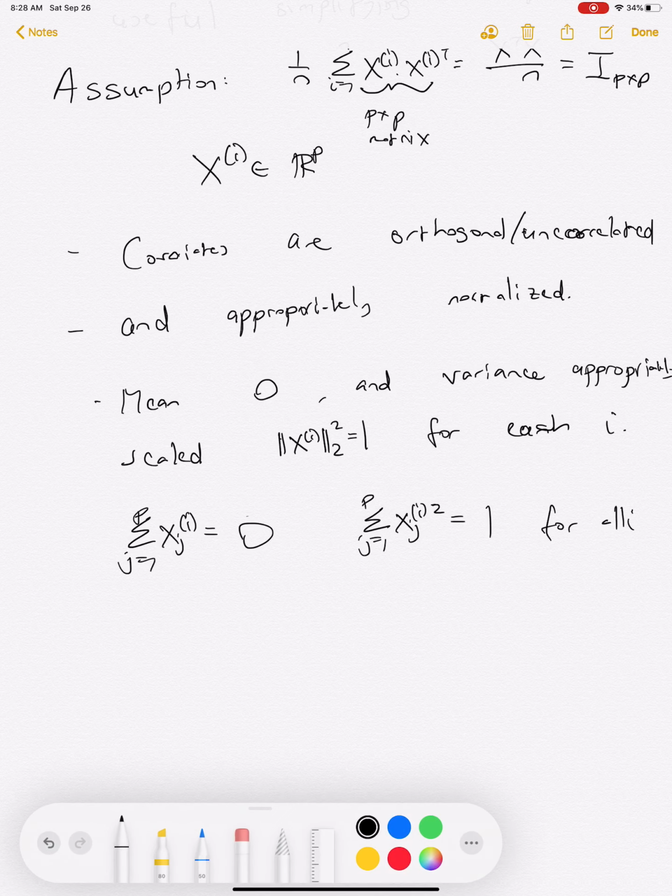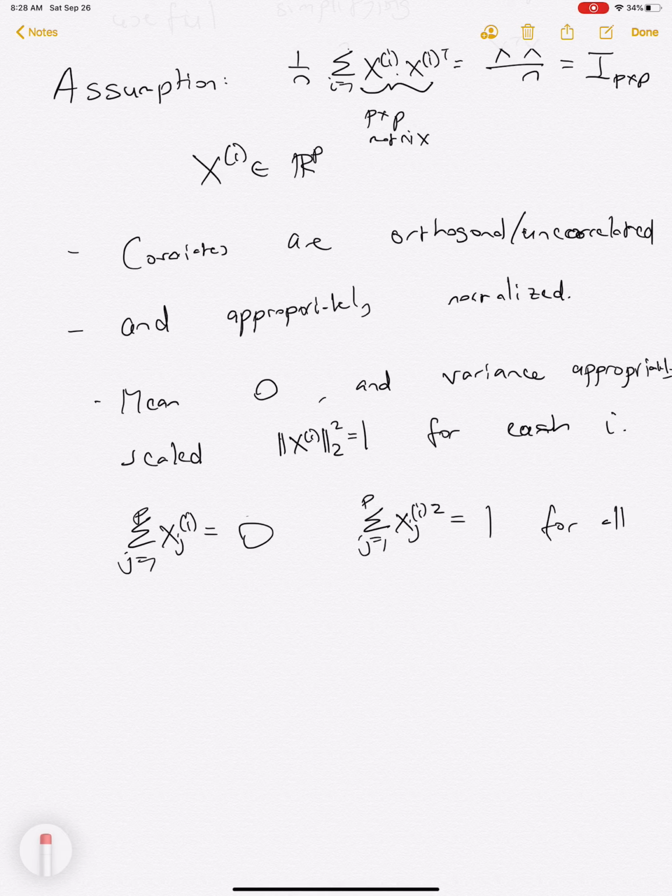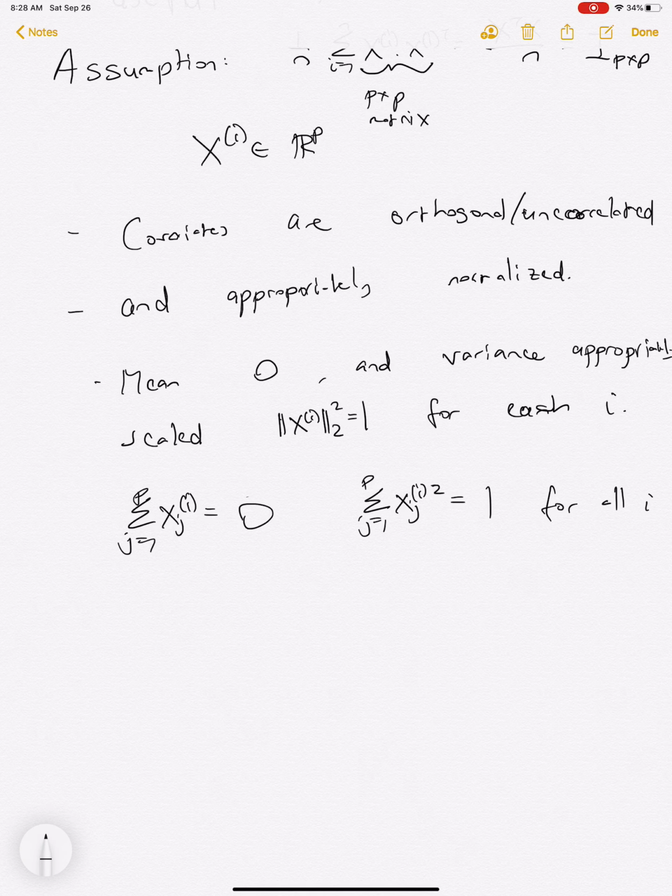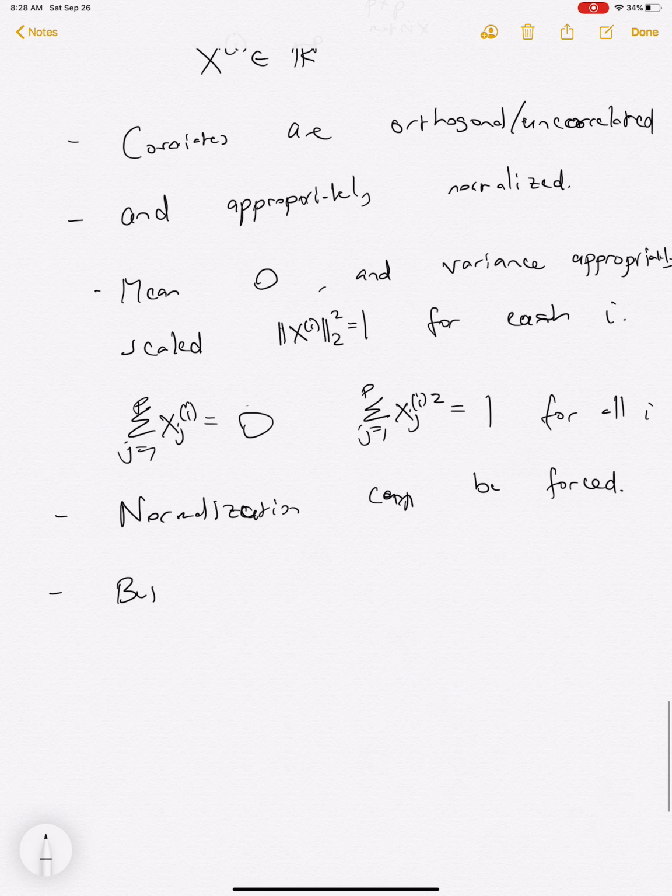Okay, so this is something you can often enforce on your data. You can enforce these normalization conditions, but what is more difficult to enforce is orthogonal or uncorrelated features.